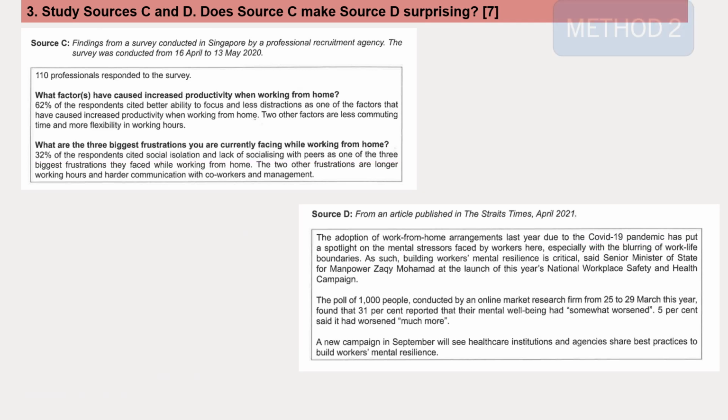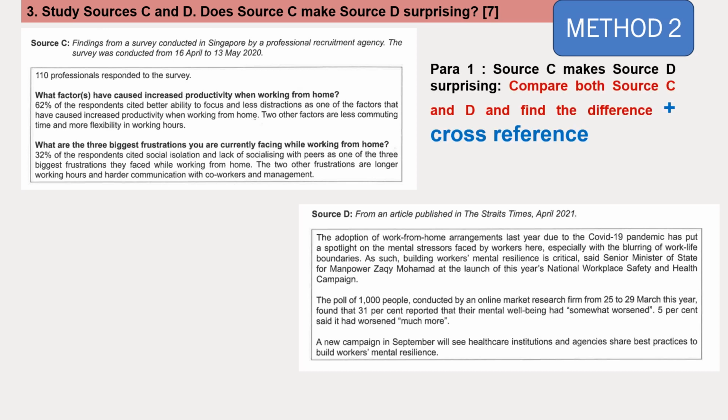So method 2 is the same thing. Method 2 is I am looking at why source C makes source D surprising, which is actually the differences. But you can see the one in blue here. What I'm trying to do is justify by cross-referencing. I'm trying to see from another angle how I can support the differences by cross-referencing.